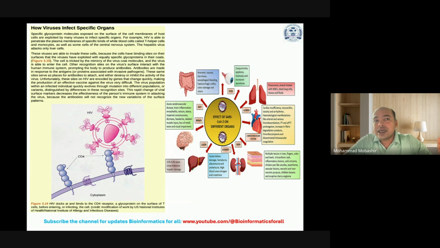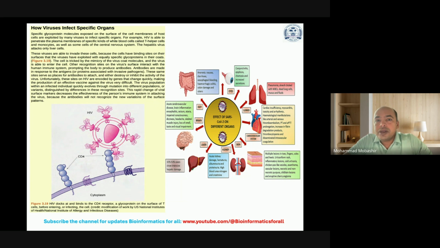These viruses are able to invade the cells because the cells have binding sites on the cellular surface that viruses have exploited with equally specific glycoproteins in their coats. So the cell is tricked by the mimicry of viral coat molecules, and the virus is able to enter the cells. Other recognition sites on the virus surface interact with the human immune system, prompting the body to produce antibodies.